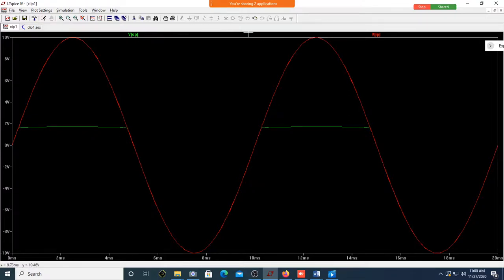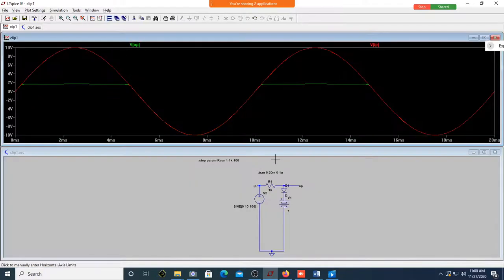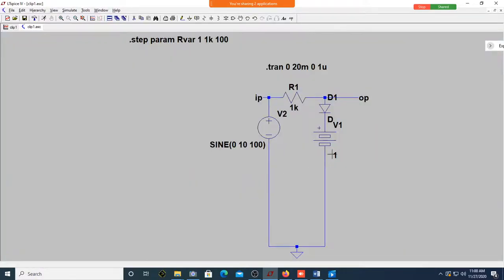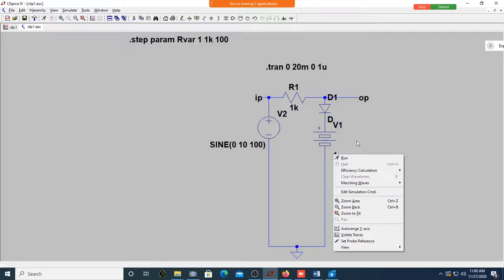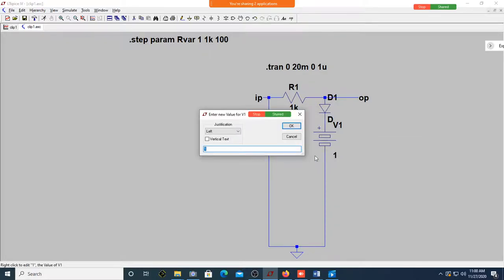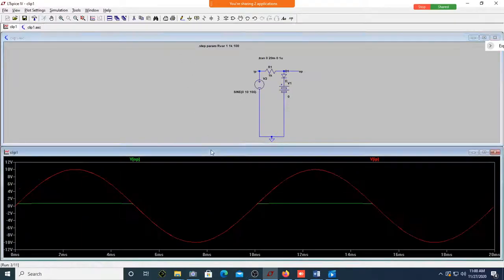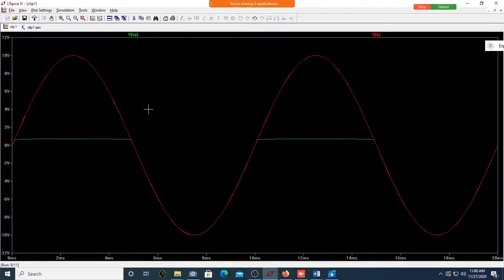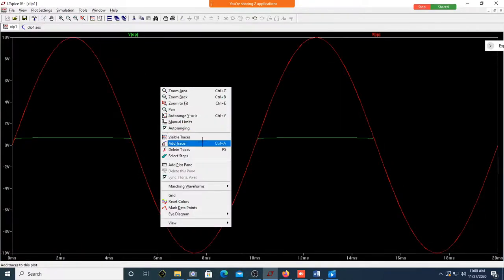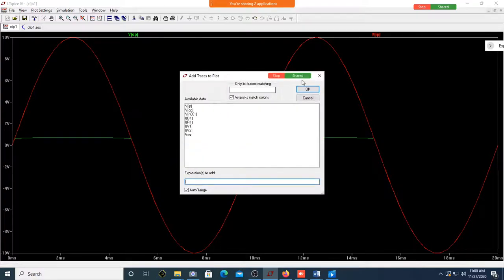Here, maybe what I'll do is make this voltage keep changing. Go back here. Instead of having it as 1, let me make it 0 first. Shall I make it 0? And then run. Can you see now? Let me put it in different panes so that you can make out more of this.